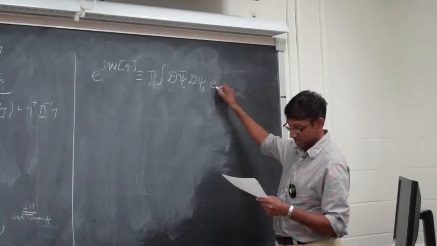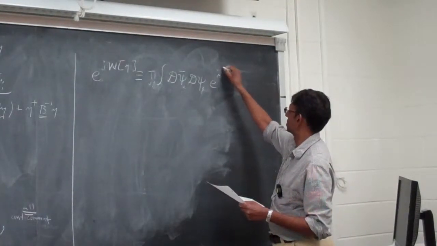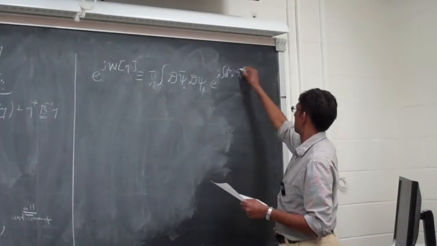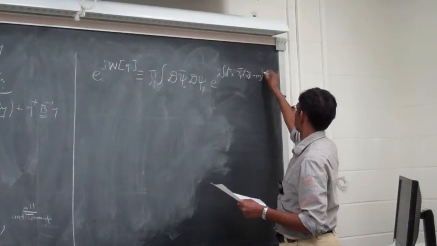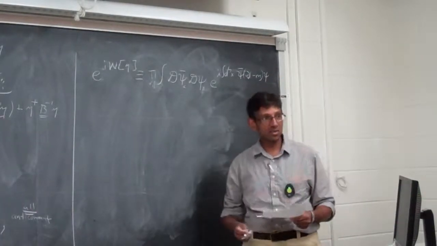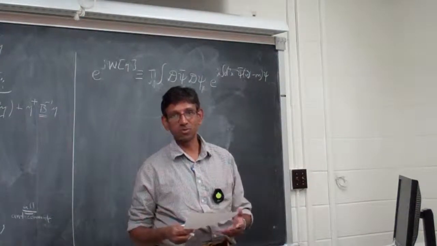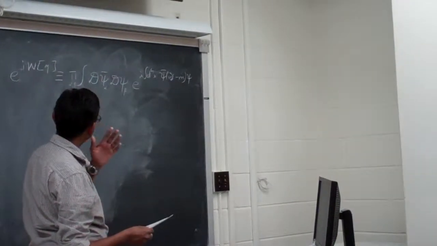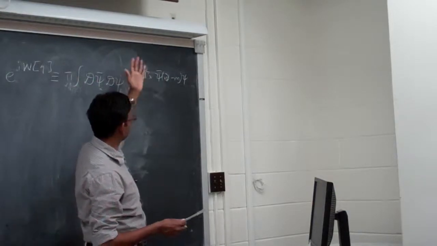We're going to write the baseline thing, which is the integral d4x psi bar (i d slash minus m) psi. This is the Dirac action. I presume you saw it in your first course in quantum field theory or advanced quantum mechanics. So that's the Dirac action. That's the base. So this is what you would guess: a path integral of e to the i action.